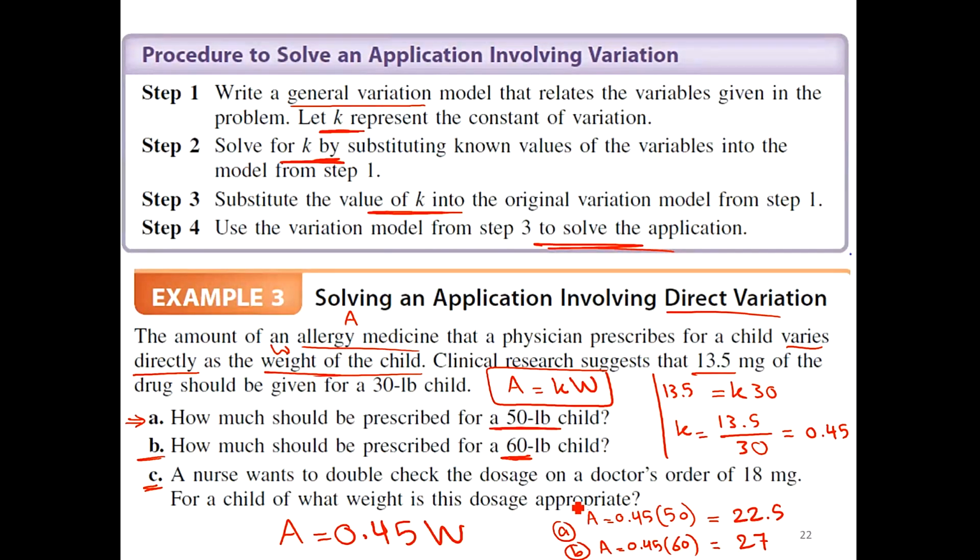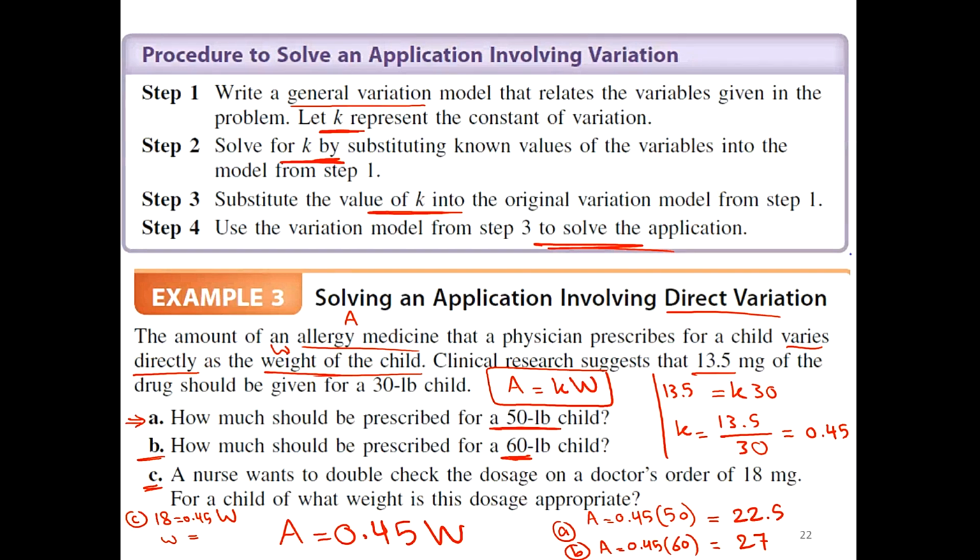Number C, a nurse wants to double check the dosage on the doctor's order of 18 milligrams for a child of what weight? Is this dosage appropriate? So for C, we need to find the weight for dose 18 equals 0.45 W. So the weight equals 18 divided by 0.45.